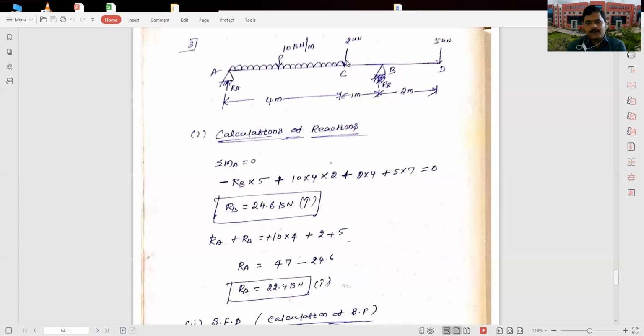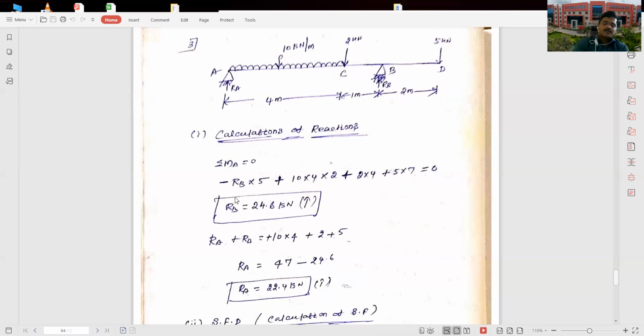And this is also downward, like a clockwise direction about the section we consider, therefore clockwise means positive, 2 into 4, plus this load 5 into this distance 4, 1, 2, 7. So 5 into 7 acts about the section like a clockwise direction, therefore positive, therefore plus 5 into distance 7, which will be equal to 0.